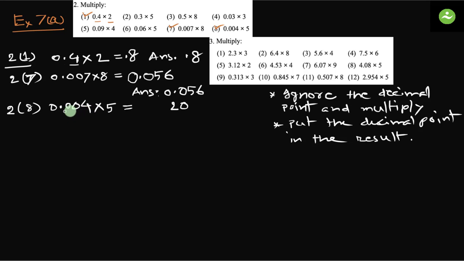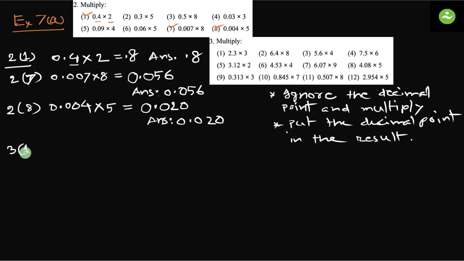The decimal point is before 3 digits, and we have to put it before 3 digits. But there are only 2 digits here. So we put a 0 before the decimal point, and we can always put a 0 just before the decimal point. 0.020.